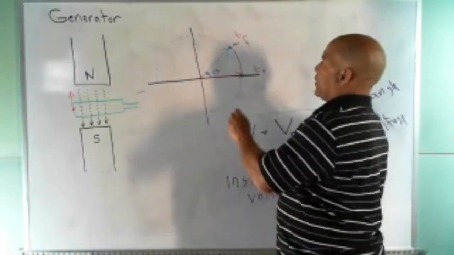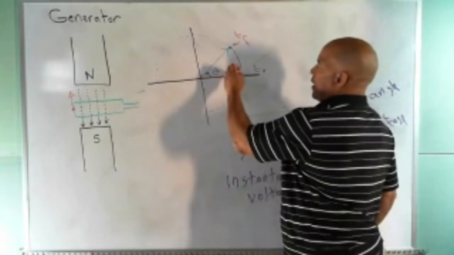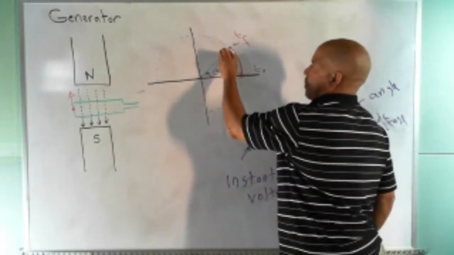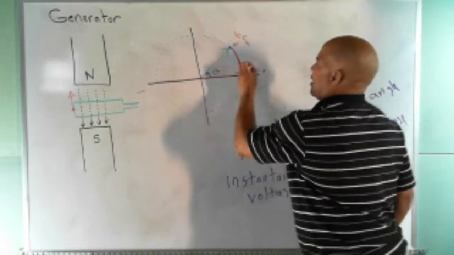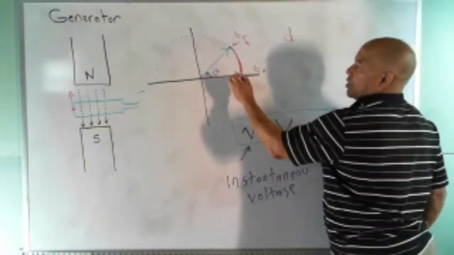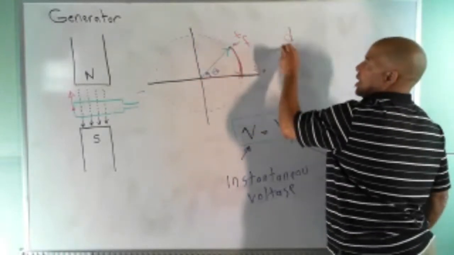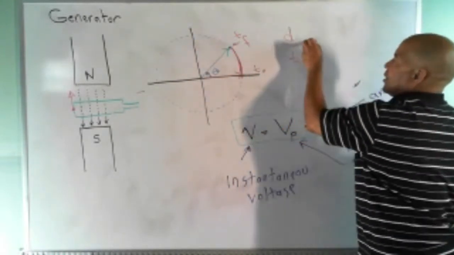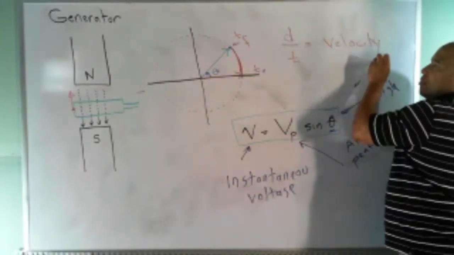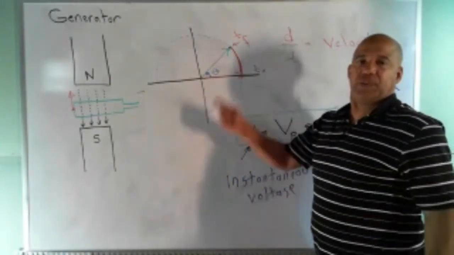What I can do is I can measure this length right here, that distance. If I measure that distance divided by the time it took to go from here to here, then what I get is the speed or the velocity of the phaser as it spins around.